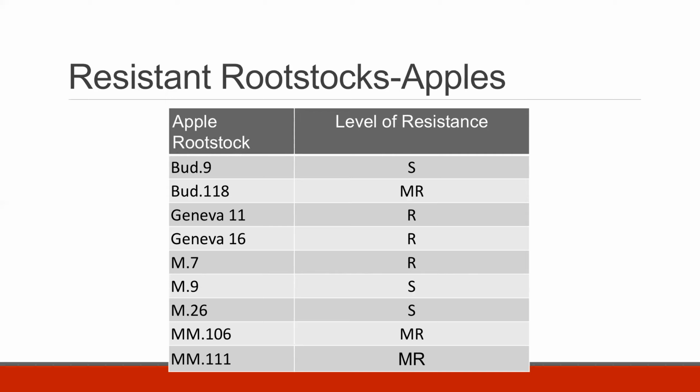However, the newer rootstock varieties, including those in the Geneva series, as well as M7, are resistant to fire blight. And many of the new plantings that are being done in the Northeast are using the Geneva rootstocks or M7.